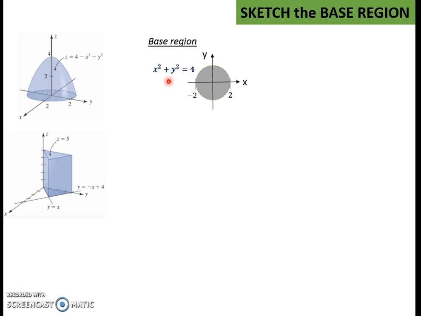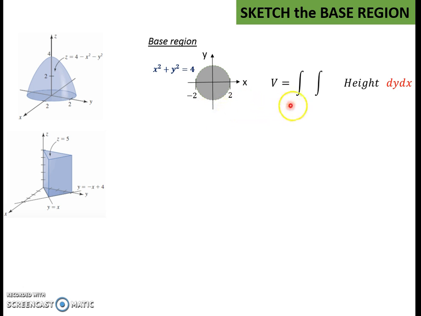Now, if I ask you to find the volume of the solid by using double integration, it's going to be double integral of height dy dx. The integration limit for dx here should be the exact value. When you go back to the diagram, the lowest x here is negative 2, while the highest x is equal to 2.